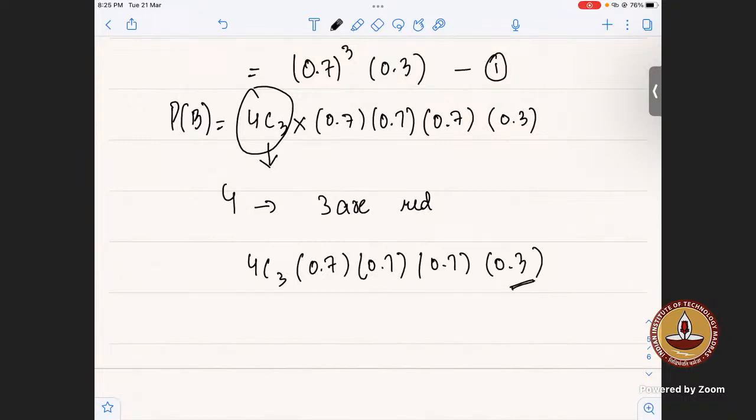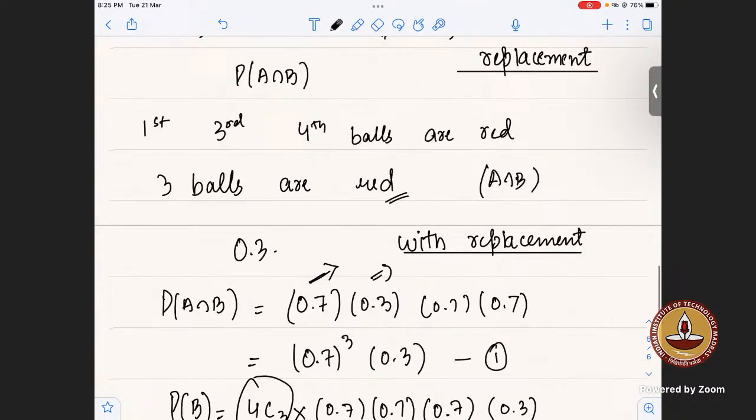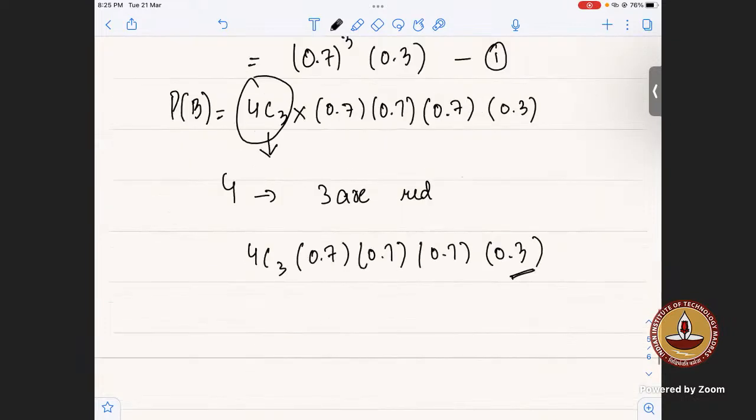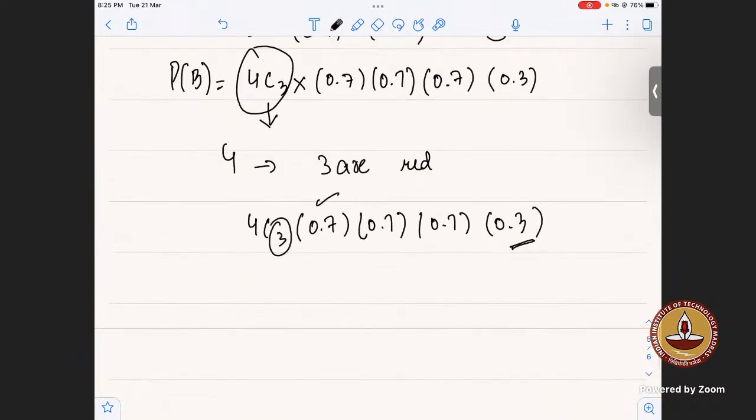Sir, then we are selecting only 3 balls. Then why are we multiplying with 0.3? No, B is not 3 balls. B is 3 red balls. Out of the 4 balls, 3 are red with the probability of 0.7, 0.7, and 0.7. Of the 4 balls that we selected, 3 are red, right?